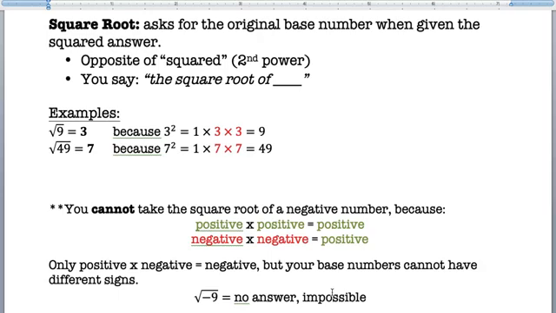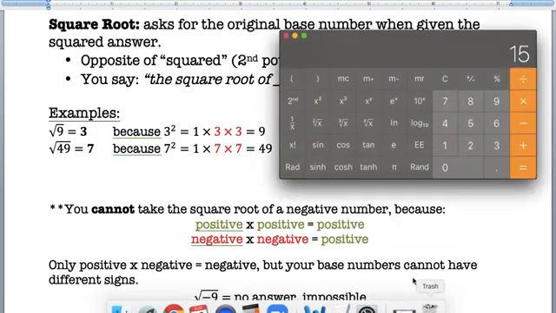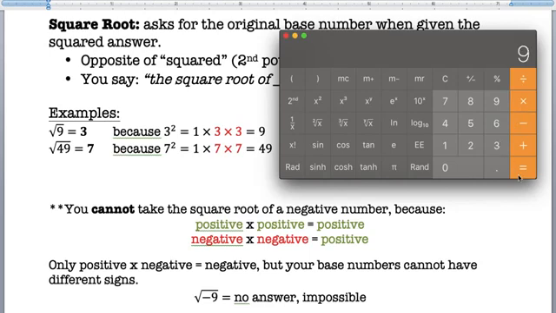But you still have to have the same signs for both of those numbers. The bases have to match each other. So any square root of a negative number inside is going to be impossible. There's going to be no answer, because those 2 numbers have to match each other. Okay, so let me just show you real quickly. If it were 3 times 3, it would get you to a positive 9. There's no way that those 2 matching numbers could get you to a negative.